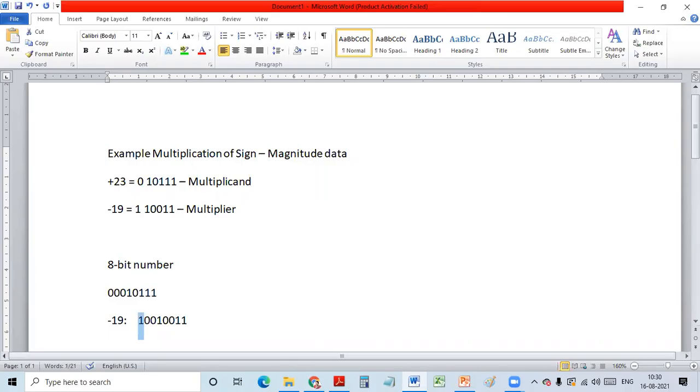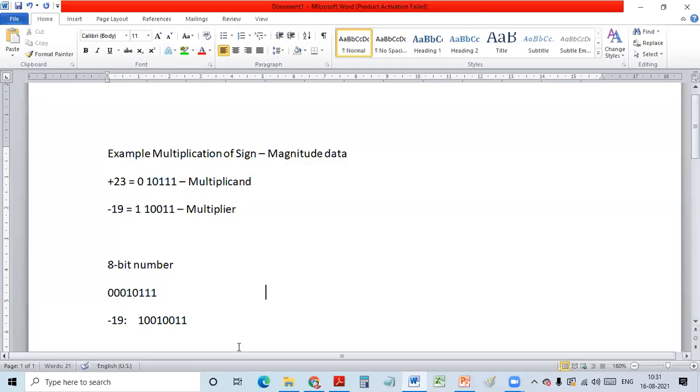Since it is minus 19, that will be 1, and the remaining bits participate in the magnitude. So we should not change the magnitude. Only for the magnitude portion, the remaining 2 bits will be 0. So this is for 8-bit extension, right?